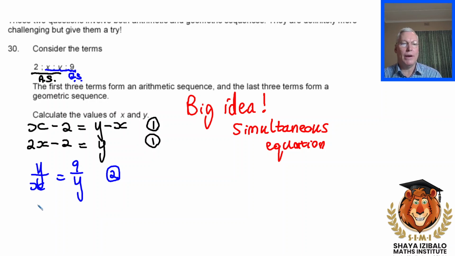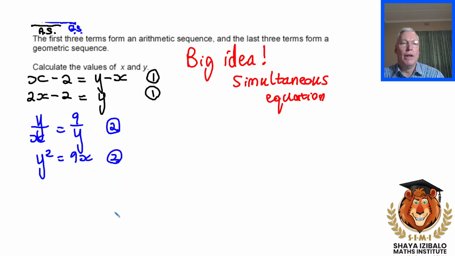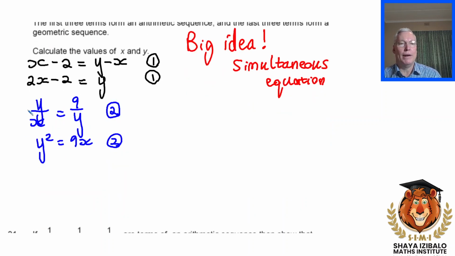So y squared is actually the same as 9x. That's equation number 2. Now we're going to solve these two equations. They are not easy to solve by elimination because we haven't got the same number of y's or x's. But what we can do is we can substitute. We can take this value for y and we can put it in here.